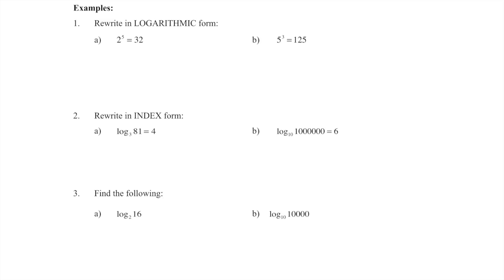Now, looking at part A, it's a question written in index form. I want to write it in logarithmic form. So I look at the base. The base is 2. So I'm going to slide it over to the other side. And if I slide it over to the other side, the 5 is just left by itself because the 2 got slid to the other side.